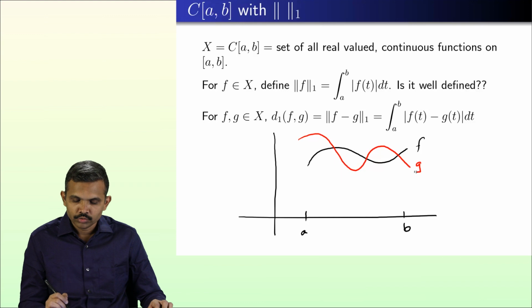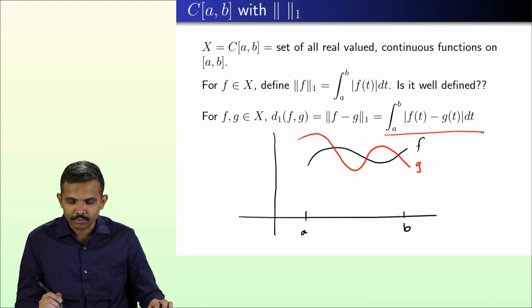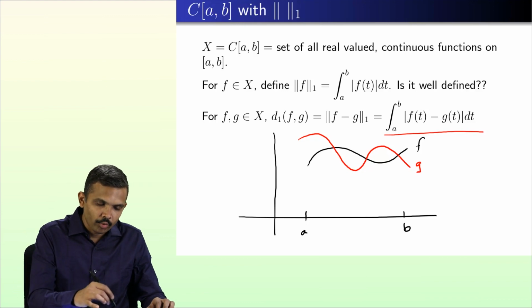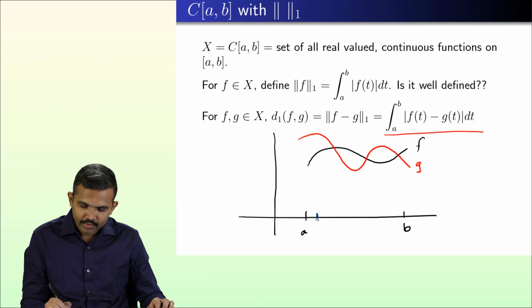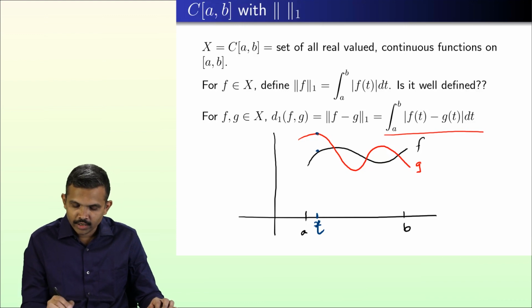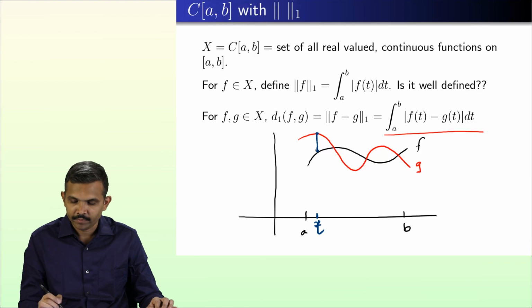I want to know now what this distance between f and g represents. If you observe very carefully, it is mod f(t) minus g(t) that I want to look at. So, if I take any point t over here, then the corresponding f(t) is here and g(t) is here. And now f(t) minus g(t) is always going to be the length of this line segment.